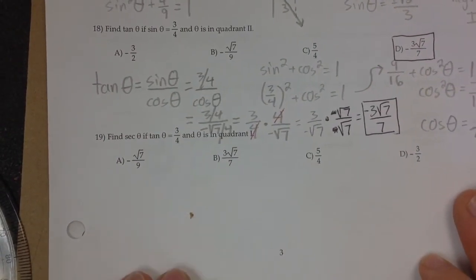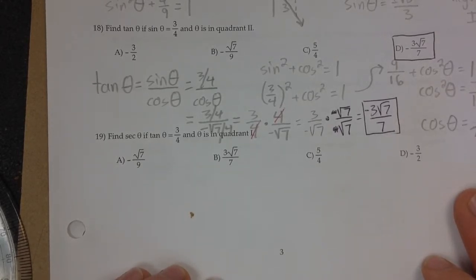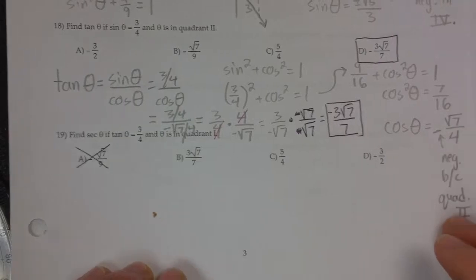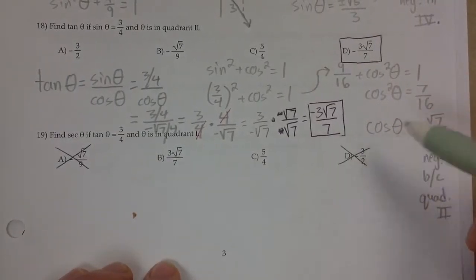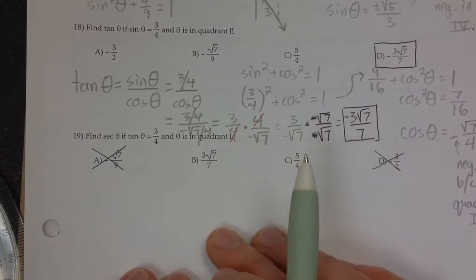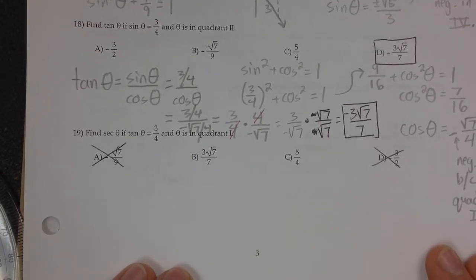19. We're given tangent. The angle's in quad 1. That means secant has to be positive or negative? Positive. So eliminate choice A, eliminate choice D. Use your reasoning to eliminate answer choices if it's a multiple choice environment.